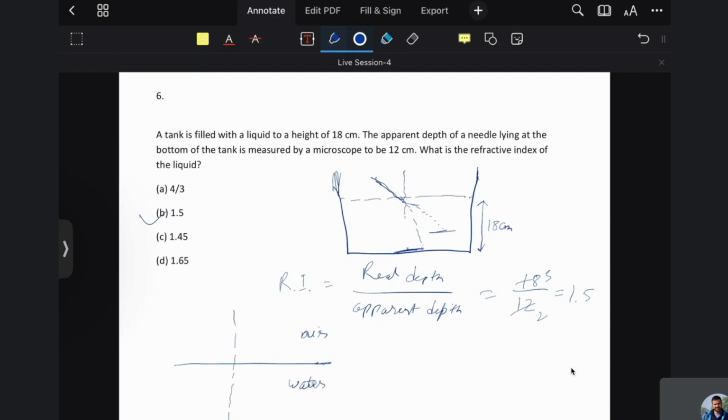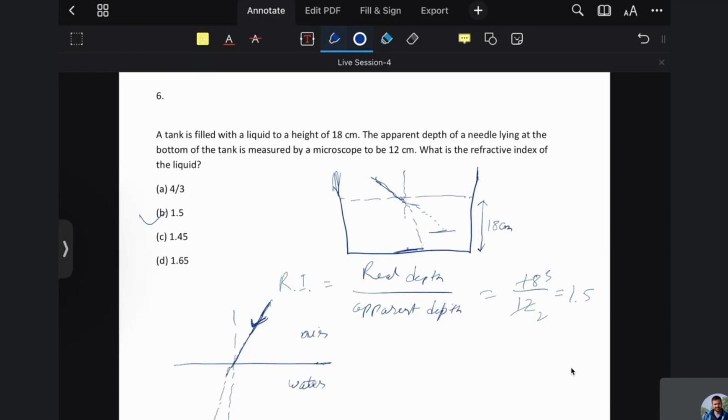So, suppose a light ray is coming like this. What will happen now is that because this is a denser medium, the speed of light will be slower here, and due to that it bends towards the normal.